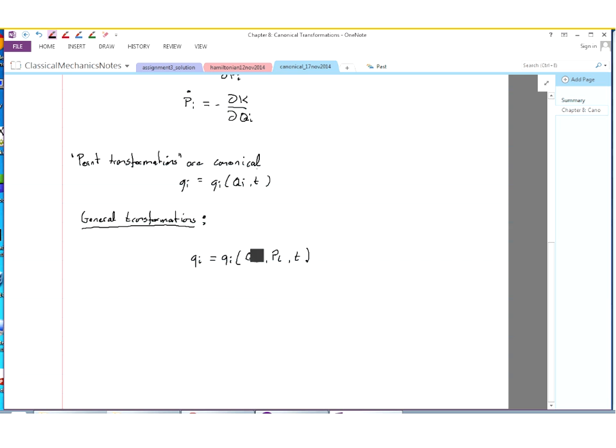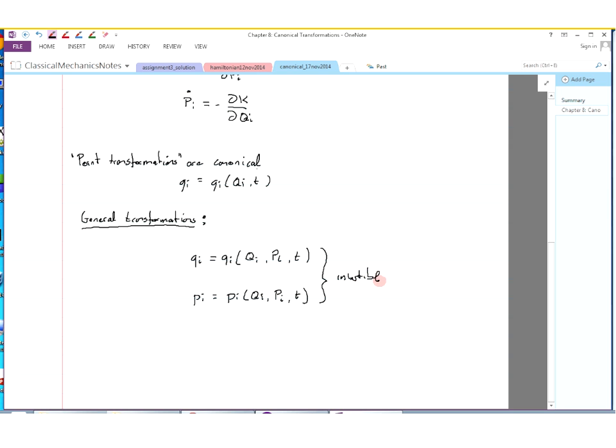The difference with a point transformation is that the old coordinates depend on both the transformed coordinates and the transformed momenta. And the pi we can write as a function of the same thing: capital Qi's, capital Pi's, and t.